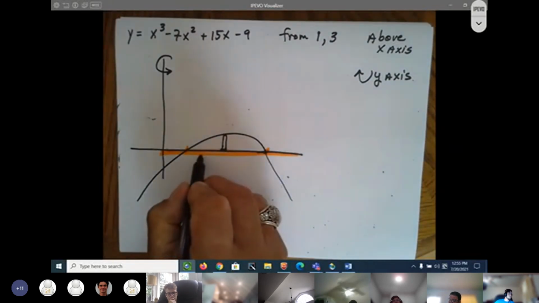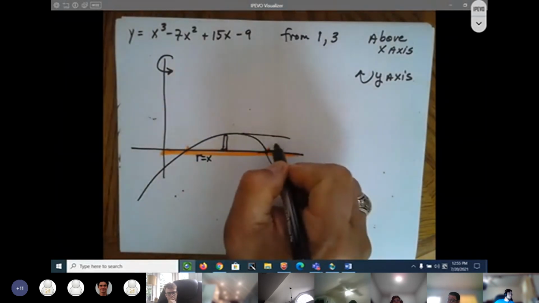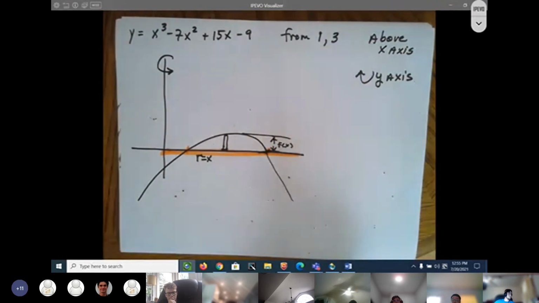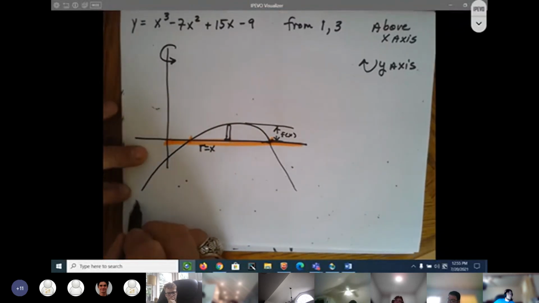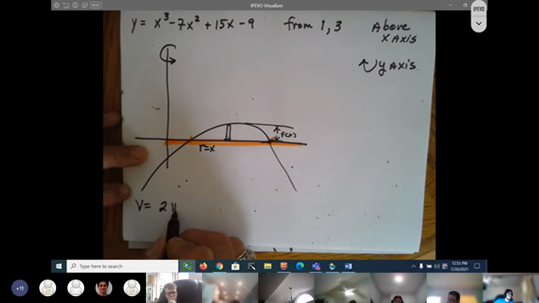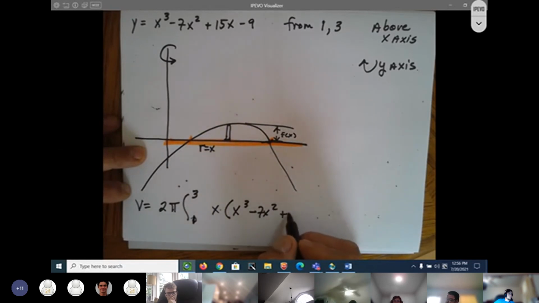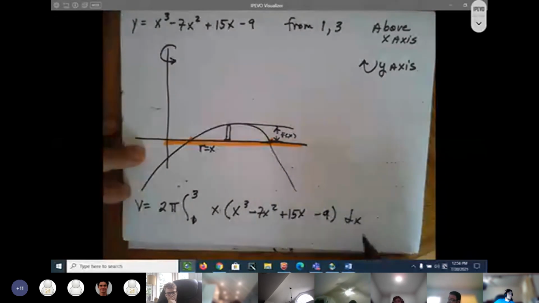So again, r is equal to x, and the height is equal to the function. So therefore, this one's pretty simple. V is equal to pi from 1 to 3 of x times x to the third minus 7x squared plus 15x minus 9 dx.